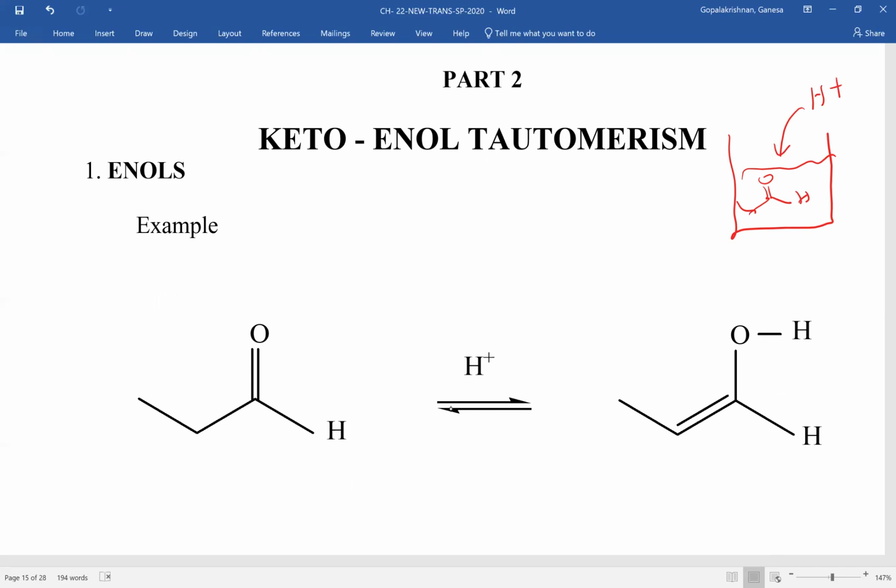This is an acidic solution of an aldehyde. The carbonyl group has a lone pair. It will pick up the proton. I combine steps. And since the alpha hydrogens are acidic, one of them drops down.